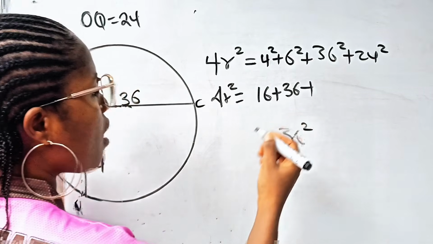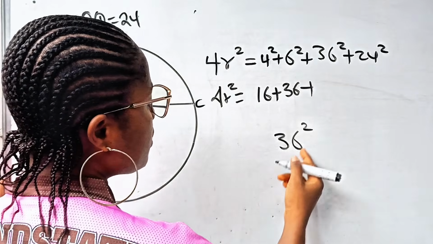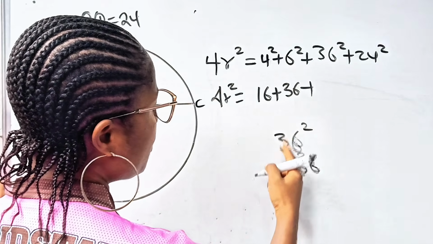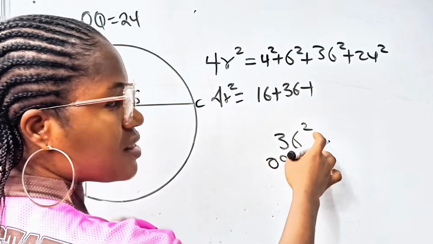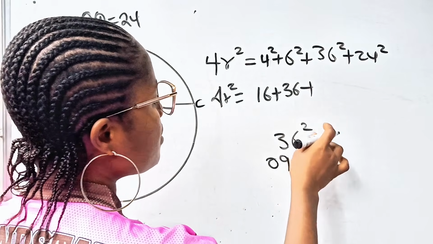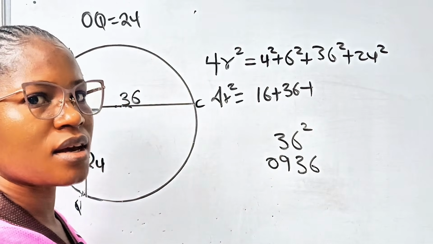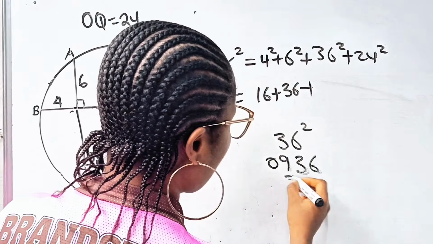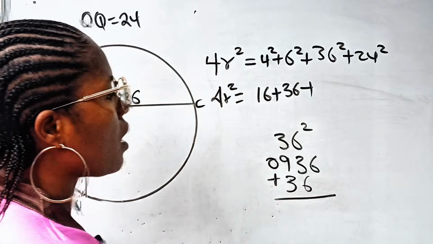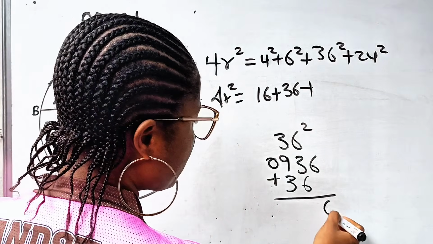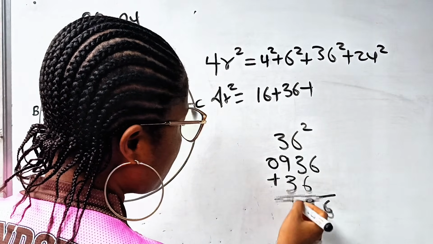You know, I don't memorize or cram. 6 squared is 36, 3 squared is 9. Write as 2-digit number. 3 times 6 is 18. 18 times 2 is 36, right? Then we add. We bring down 6, bring down 9, bring down 12.